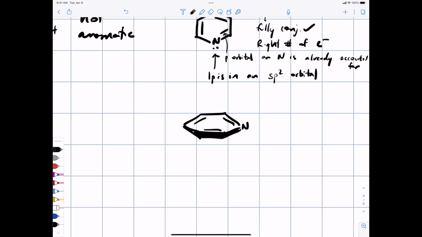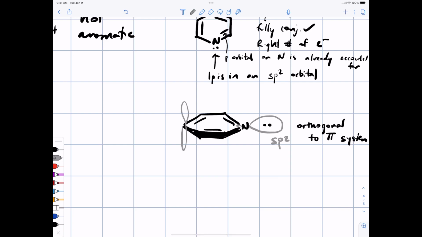The lone pair is in an sp2 type orbital that's orthogonal, or perpendicular, to the pi system of orbitals, right? Which we could draw here, here, here. I'm just drawing the lowest energy combination of that pi orbital where everything's overlapped on adjacent atoms in phase.